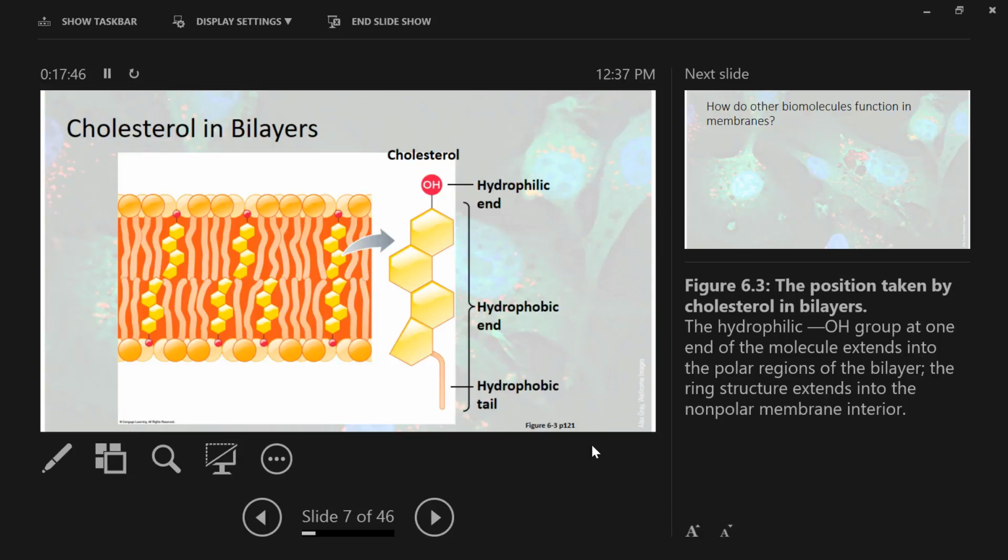But wouldn't the heads make it want to go away? Yeah, but the interaction with the head is temporary, because as soon as you get through that wall, and again, you have to remember this is fluid, right? So these head groups are moving around. Once you get through there, there's not that same repulsion.